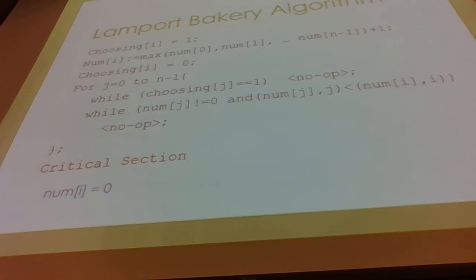Let's say process 0 is checking. Then I is 0 and j is 2 to the power 16 plus 1. So num j is not 0, and you check the condition: num j comma j is less than num I comma I, right?